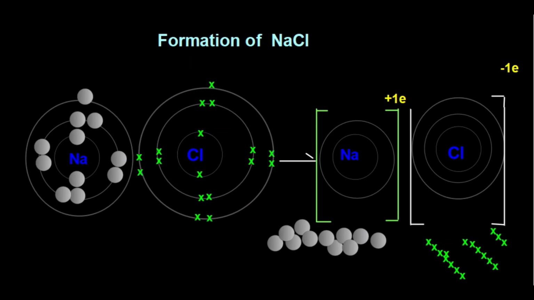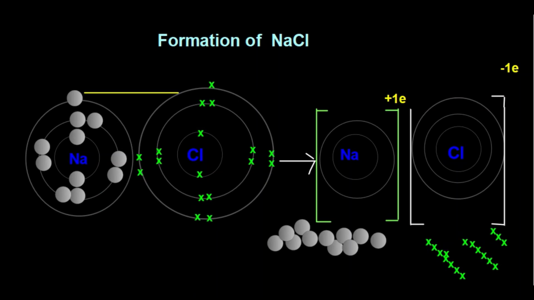Now we will see how sodium changes to the monopositive ion of sodium and how chlorine changes to the mononegative ion of chlorine. Usually sodium will lose 1 electron which is present in its valence shell, and this electron is picked up by chlorine.